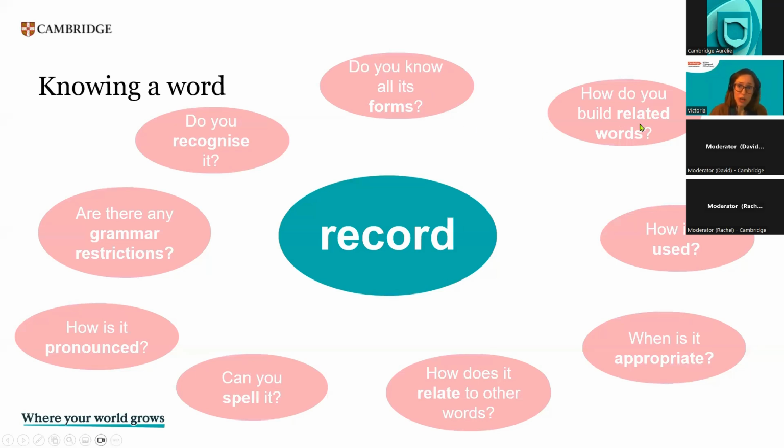It also means that we know how to build related words, which would be very useful for part 3. That we know how it is used, when it is appropriate, how it relates to other words, how it collocates, if we can spell it, if we can pronounce it correctly. So there are a lot of aspects that we need to understand.